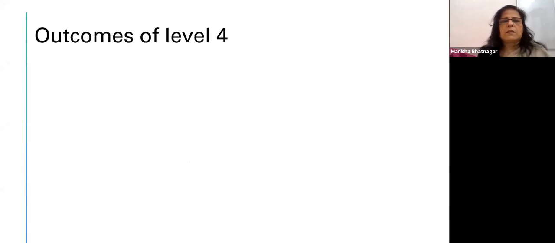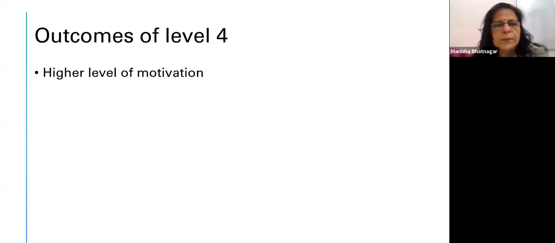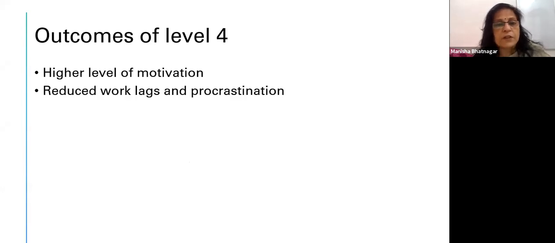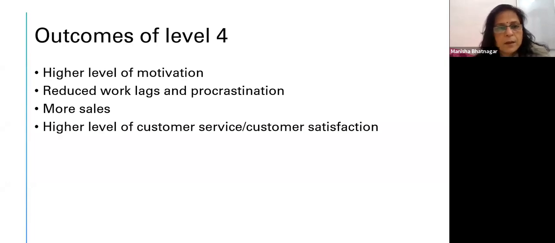Now let us see the outcomes of level 4. If you do this evaluation and it is in your reports, you attract more good people to the organization. You have a higher level of motivation in the workforce. You have reduced work lags and procrastination. I mentioned it earlier also, there could be more sales.